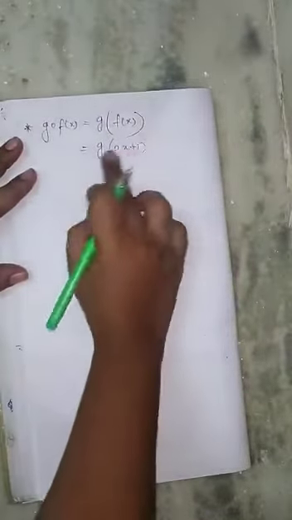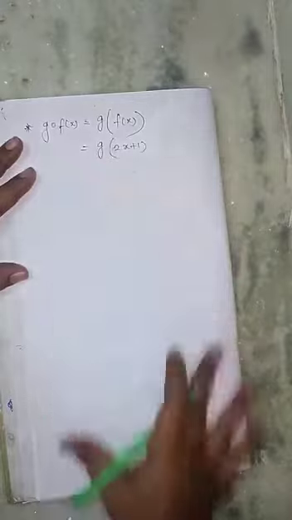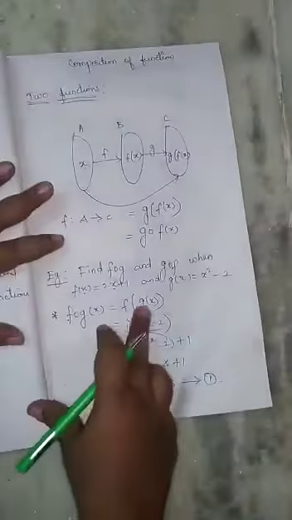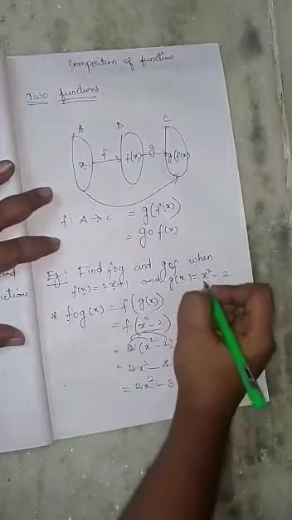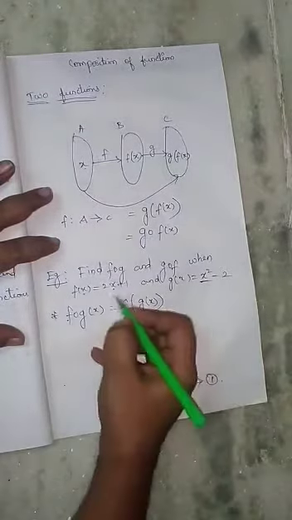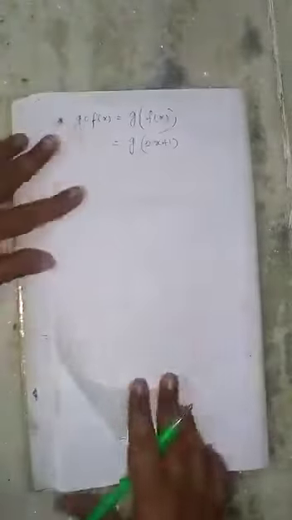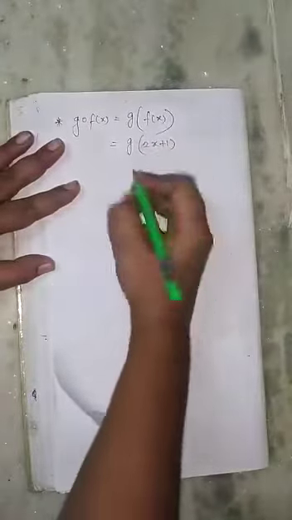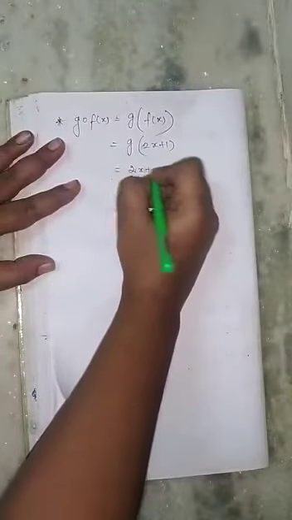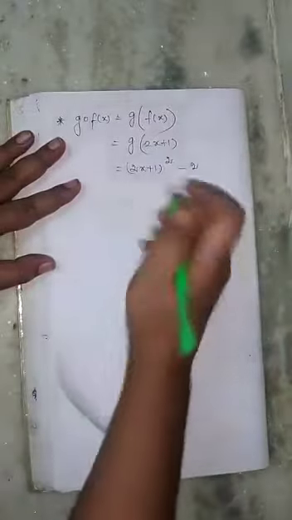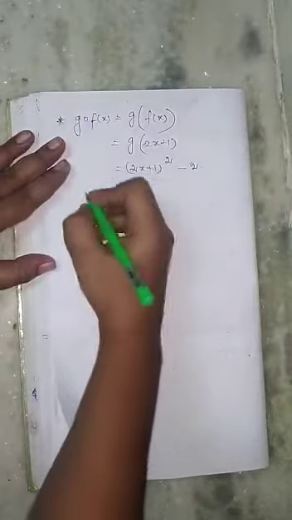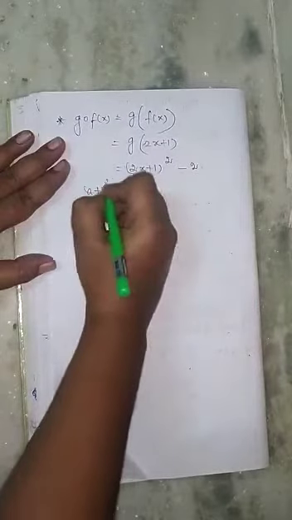Okay. Now again you just substitute in G. What is the G value they gave here? G of x equal to x square minus 2. Instead of this x we are going to apply 2x plus 1. So 2x plus 1 the whole square minus 2 they gave, right? Now it is in the form of an algebraic expression, a plus b the whole square.